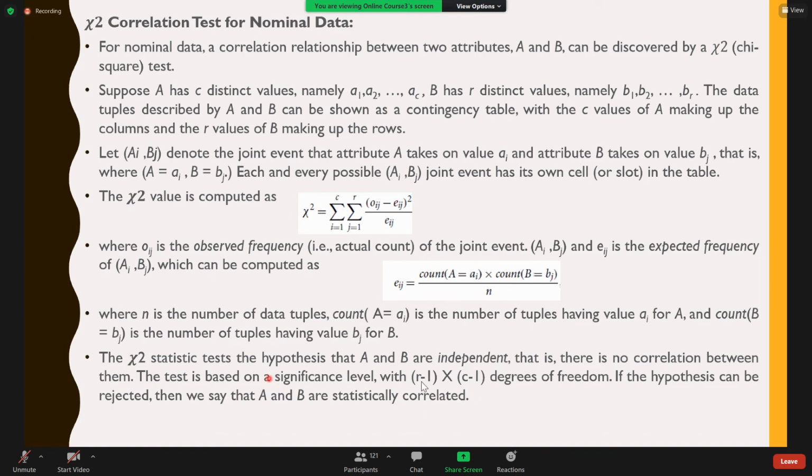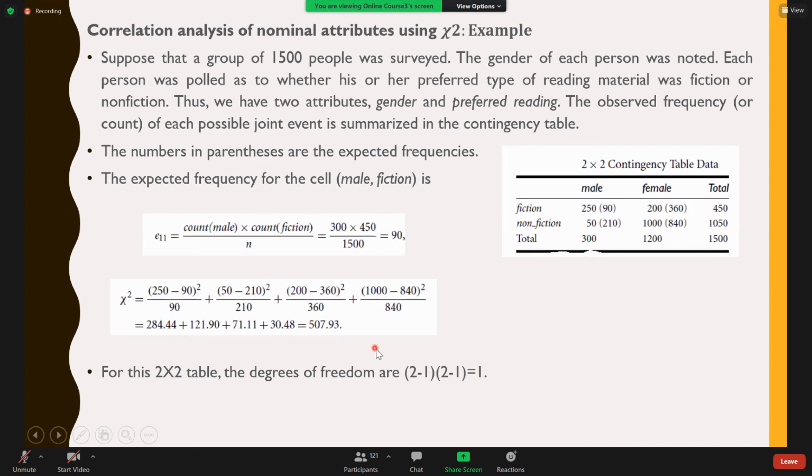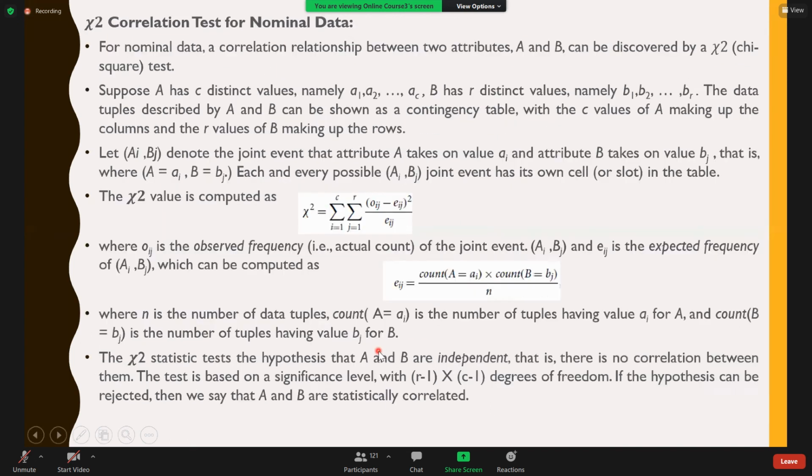After getting this chi-square value, we'll compare that value. In our case, we got 507.93. In this test, we'll consider a hypothesis. Hypothesis here represents the assumption.